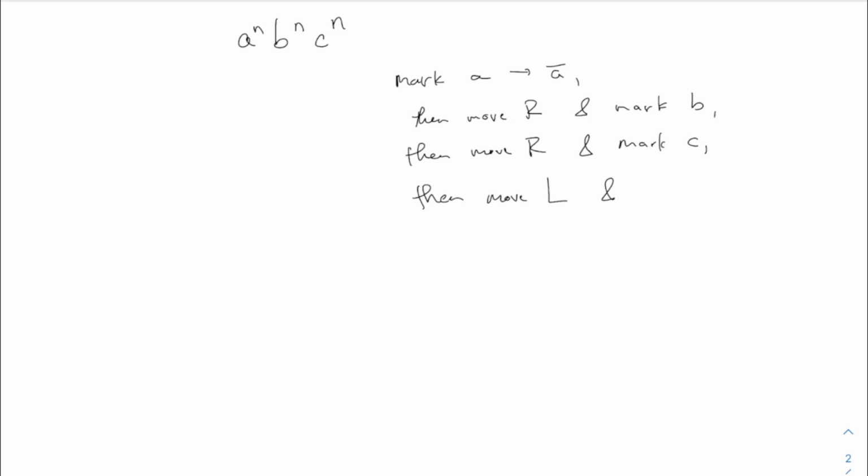I will say move to the left and repeat. All right, it's a fairly straightforward modification of the one that we did last time. Let's see if we can write out the details for this one.